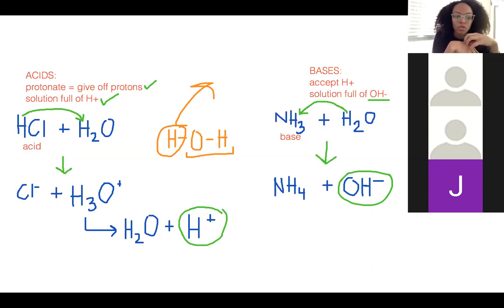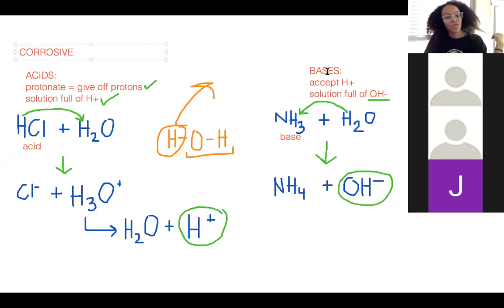The word for all of that is really corrosive, meaning it can damage a surface or something. That is true of acids, but it is also true of bases, okay? If you have a strong base, it can also burn through your hand. It can do all sorts of damage.